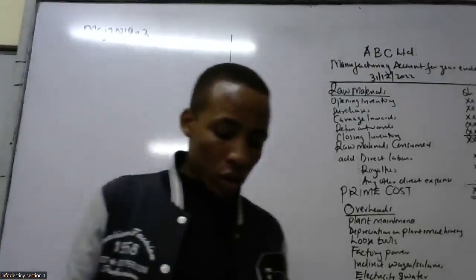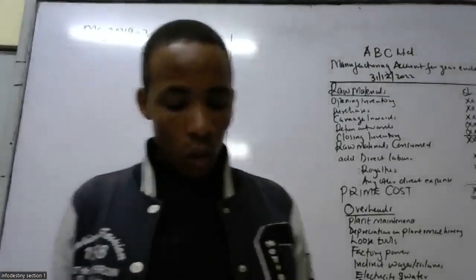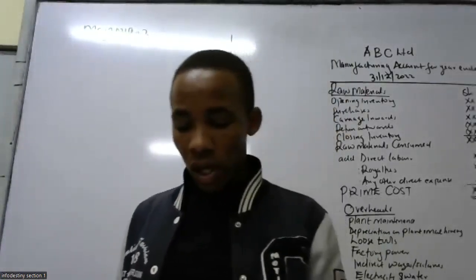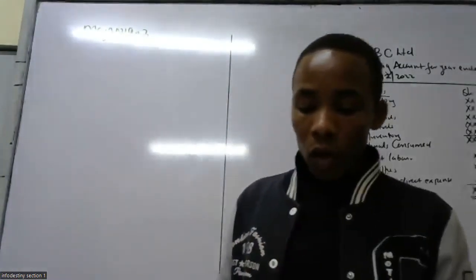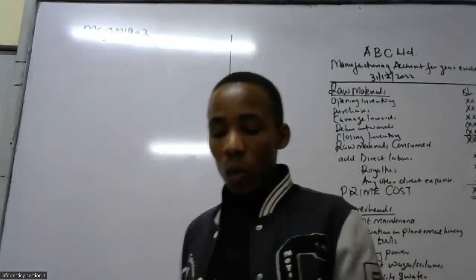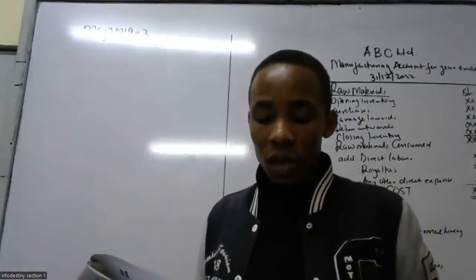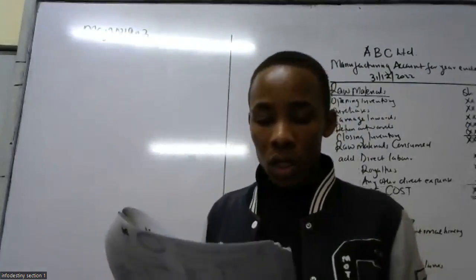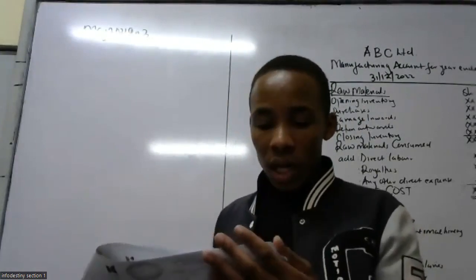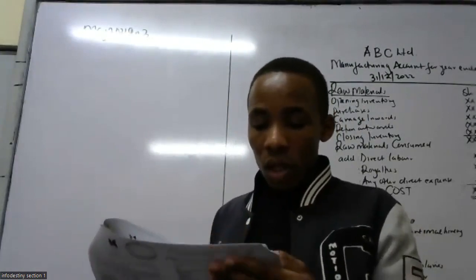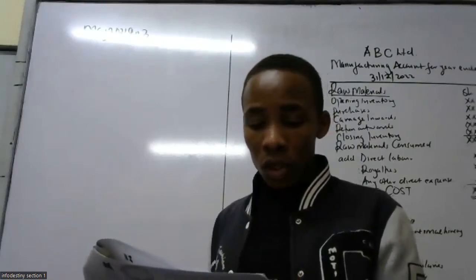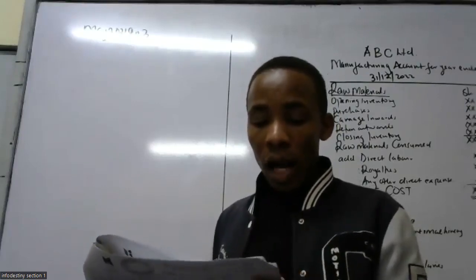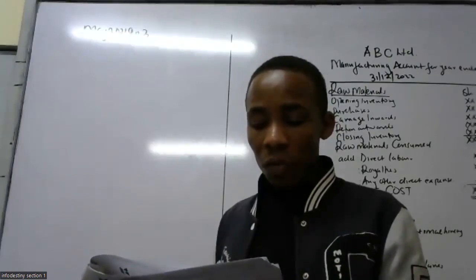So let's read the question. Bolt and Nut Limited is a medium-sized manufacturing company. The following trial balance was extracted from the books of the company as of 30th September 2020. So we have the ordinary share capital, share premium, retained profits. Those are items of the statement of financial position. We have allowance for unrealized profits.